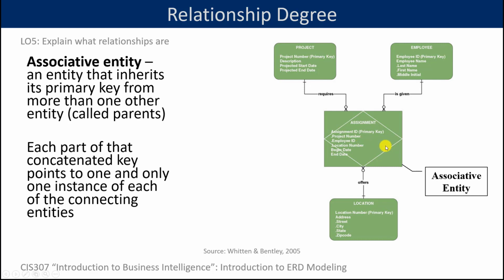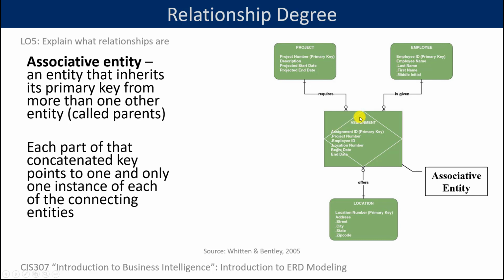So for now, I just want to introduce that idea of an associative entity. I already explained that an associative entity is created to link two or more entities together. Also, a bit later, I will explain how associative entities are used to resolve non-specific many-to-many relationships. I will show you how associative entities look at the table level, what kind of information goes into that table.